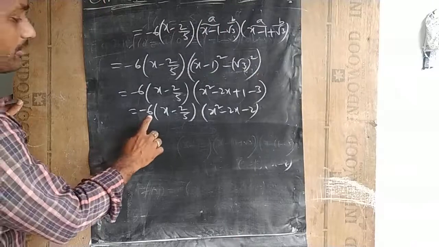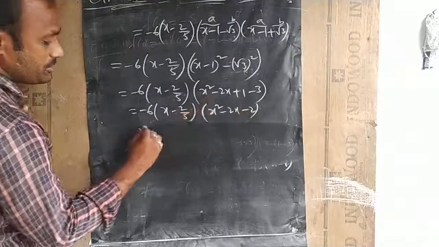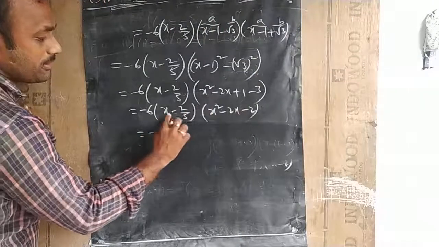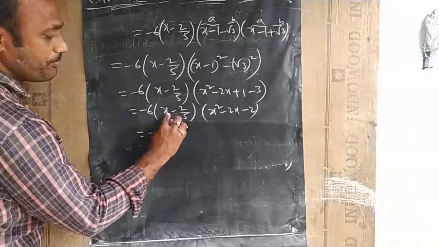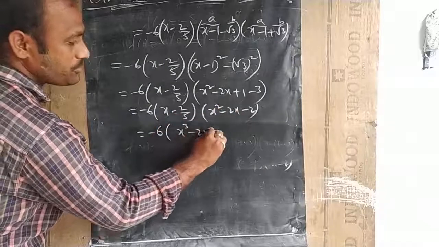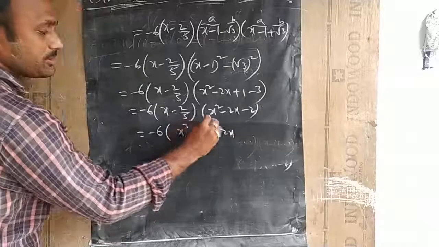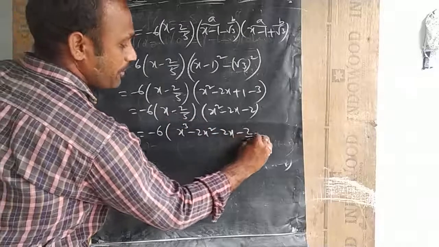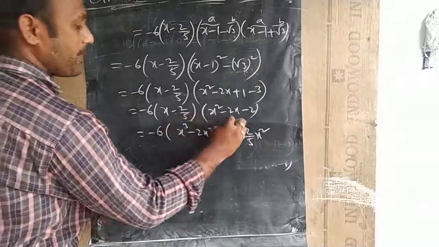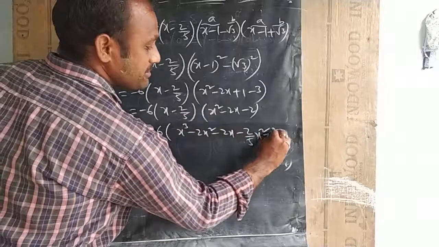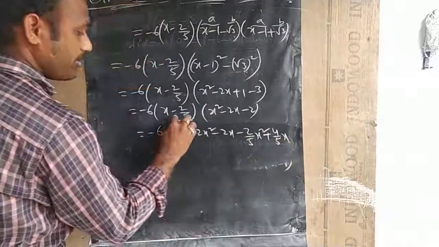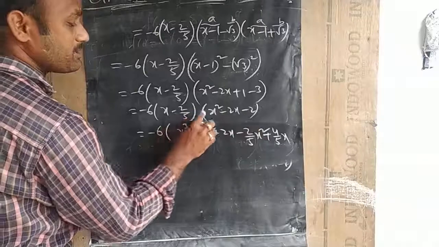Now here we will multiply this binomial into this. So what we are going to get here? X into x square, x cube, minus 2x square, minus 2x, minus 2 by 5 x square plus 4 by 5 x, minus into minus plus 4 by 5.